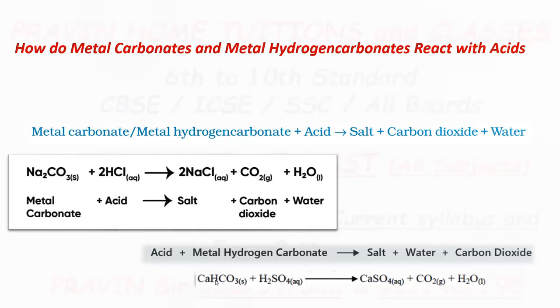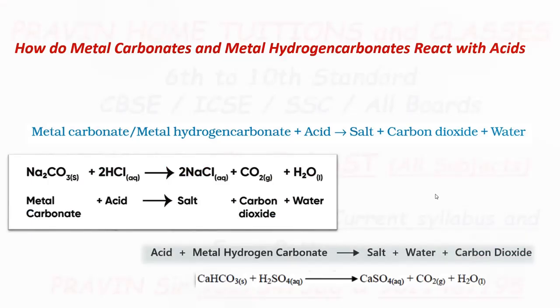This is metal hydrogen carbonate, this is acid. When they react with each other, the products formed are CaSO4, calcium sulfate, this is salt, carbon dioxide, and water, H2O.